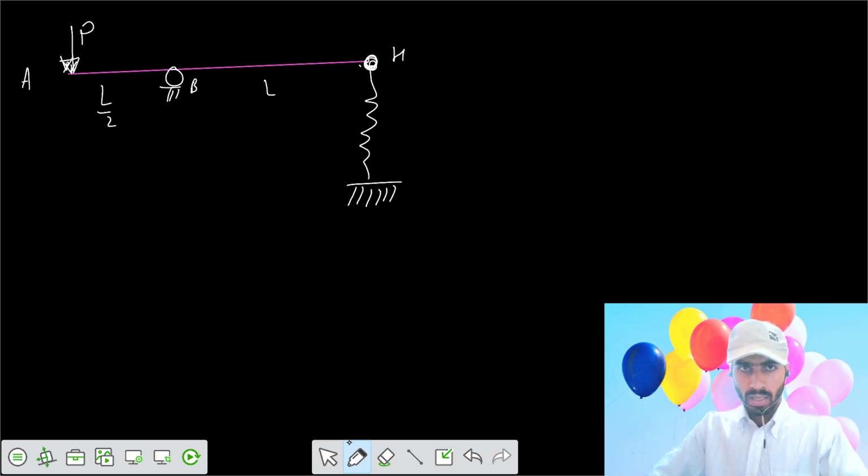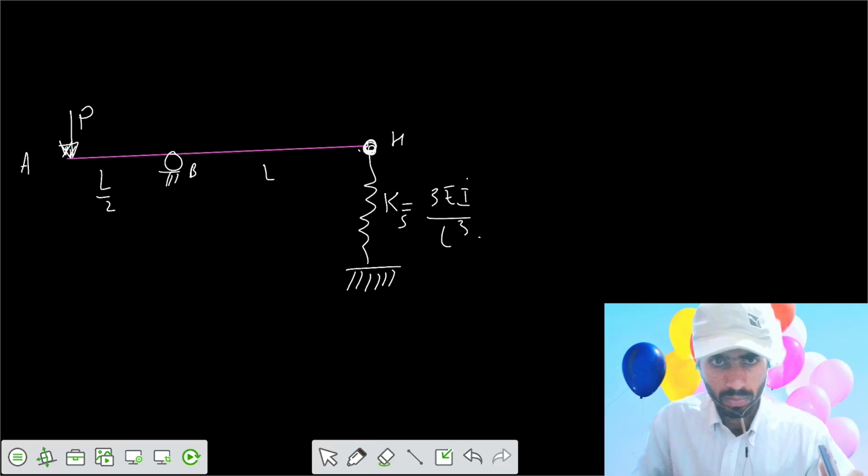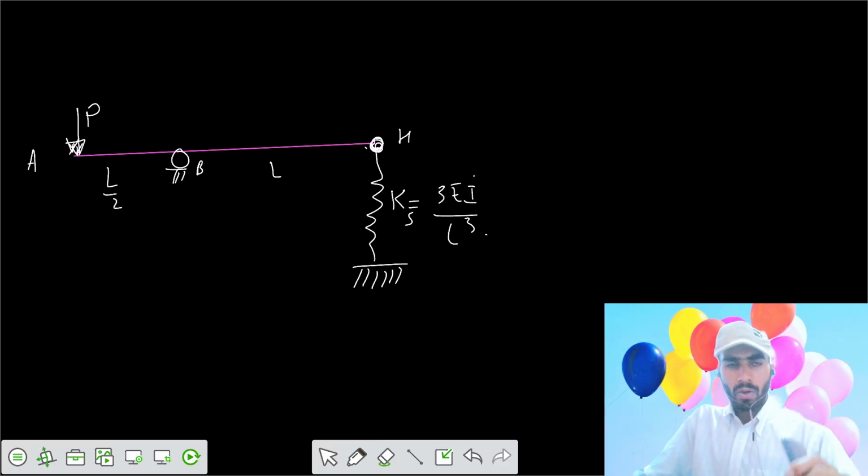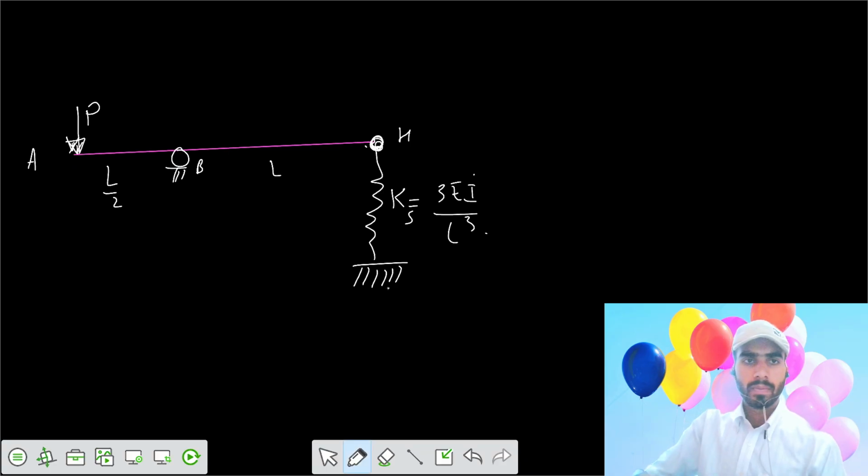The stiffness of this spring equals 3 EI by L cubed. You need to get the value of delta at location A.